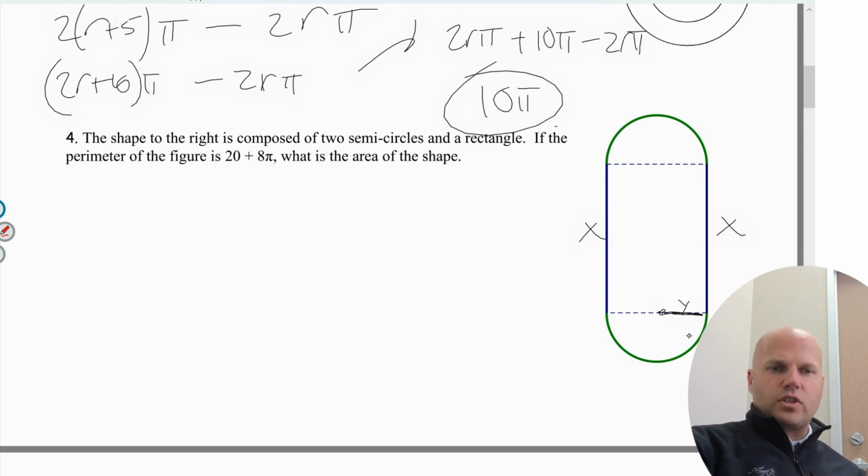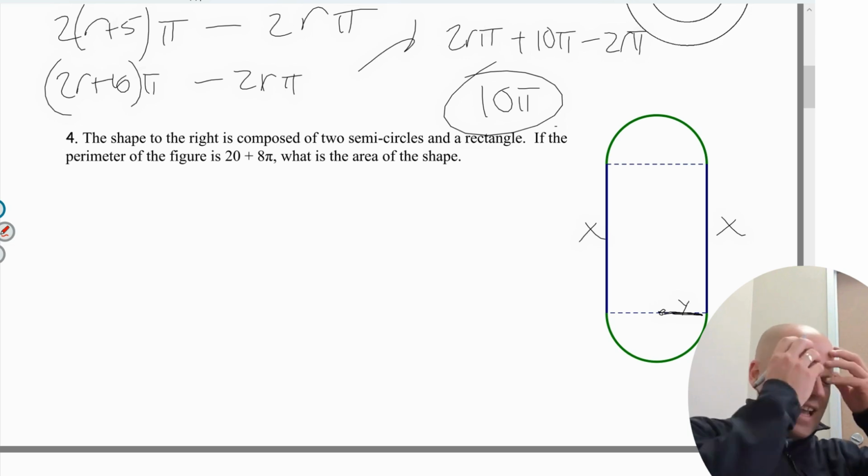Combine the two semicircles and you get a full circle. Okay, so it's important to figure out where these numbers come from. Like the 20 has to come from these two lengths here because the circumference of a circle typically involves amounts of pi. It doesn't have to though.